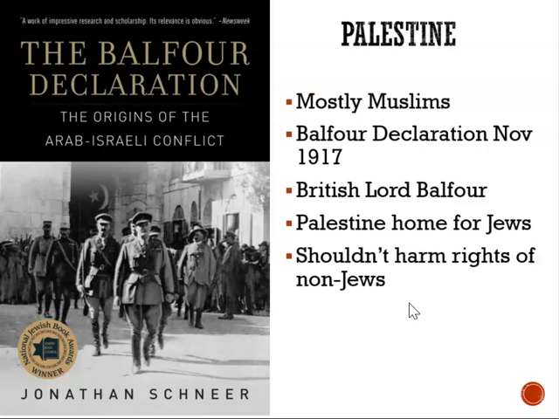It's interesting, though, that his declaration says that the Jewish people moving into this area should not harm the rights of non-Jews. And so we begin to see a lot of Jewish immigrants, Zionists, moving into Palestine, especially in the 1930s. It'll increase, but it's happening from the time the British take control of this area.